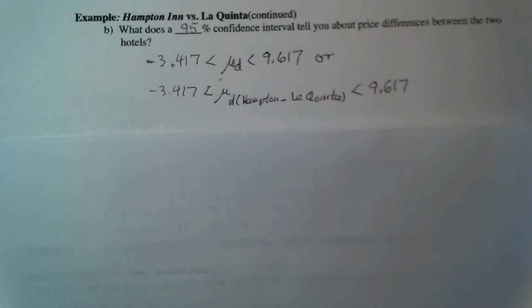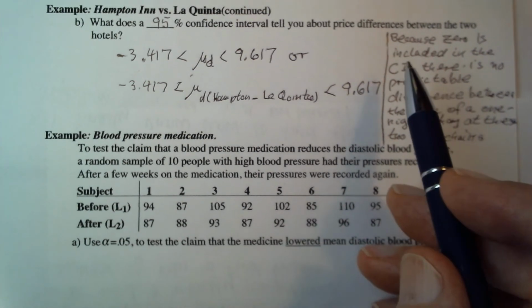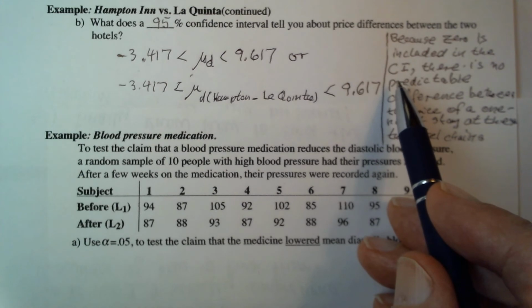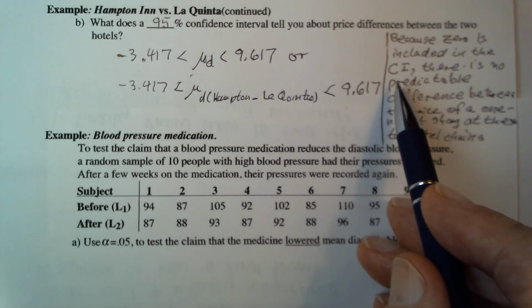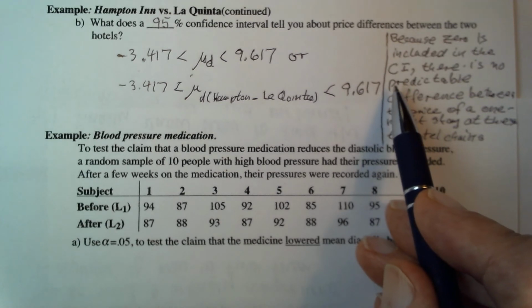So that's a salient observation here, that the confidence interval includes 0. So in conclusion, we can say, because 0 is included in the confidence interval, there's no predictable difference between the price of one night stay at these two hotel chains.